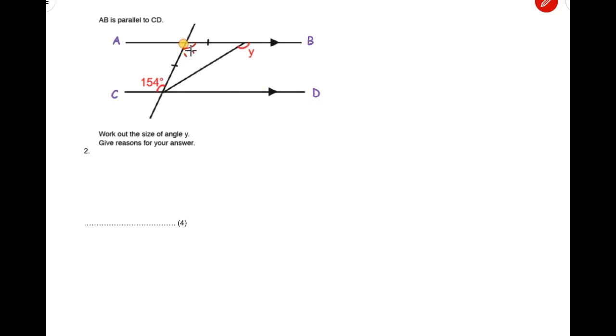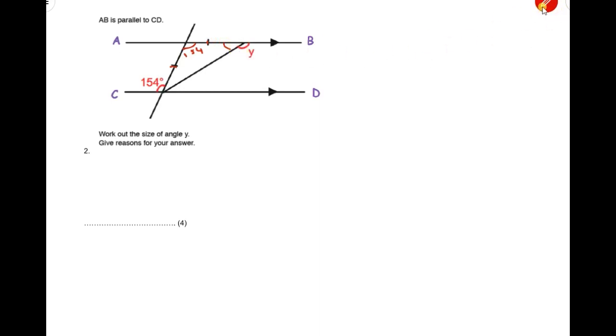It's also 154. Now you can see that this is an isosceles triangle, because it is mentioned over here that these two sides are the same. We have to keep this in mind. It's going to help us in getting y.